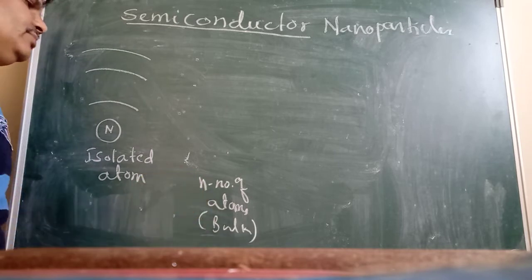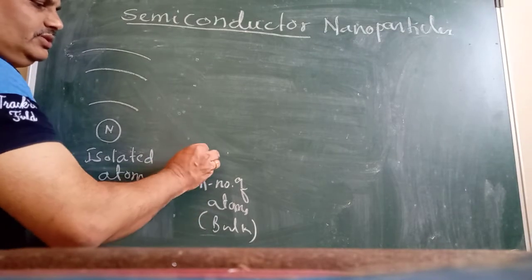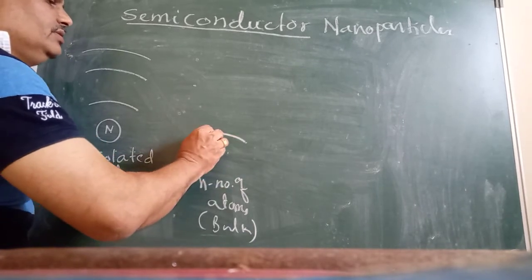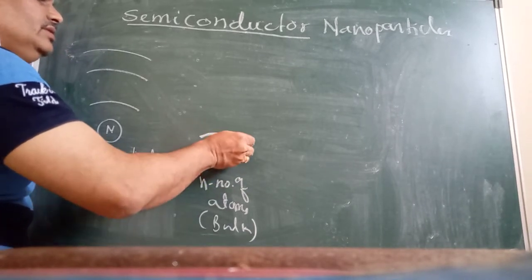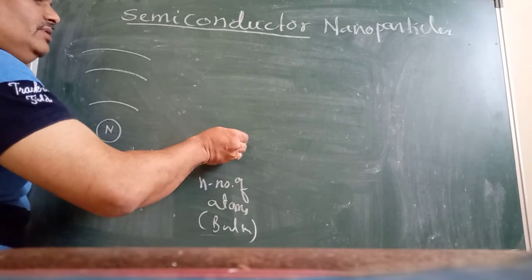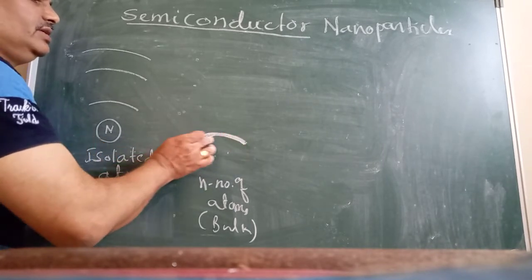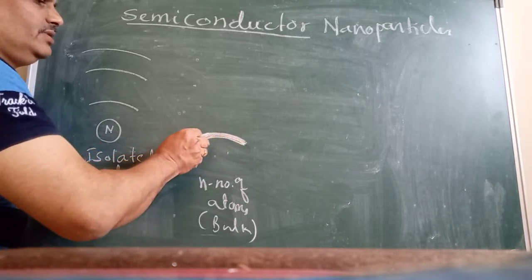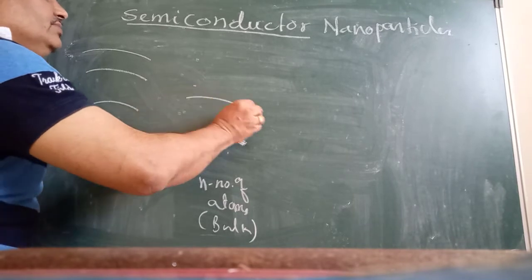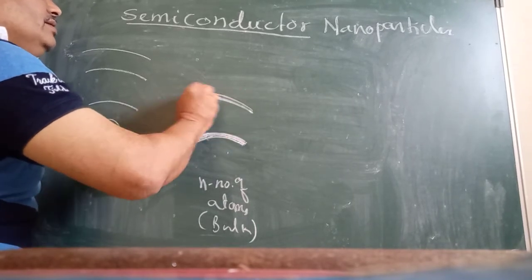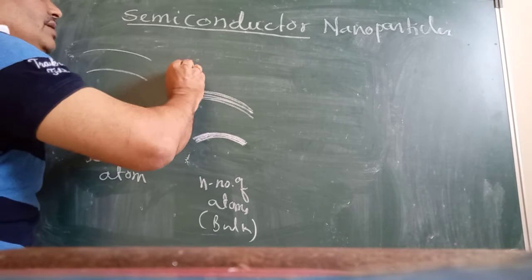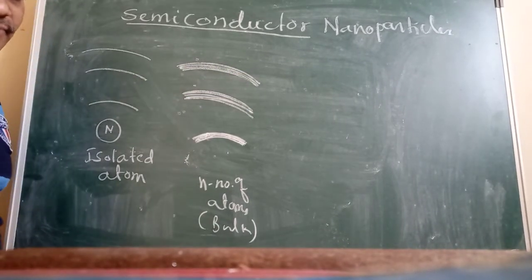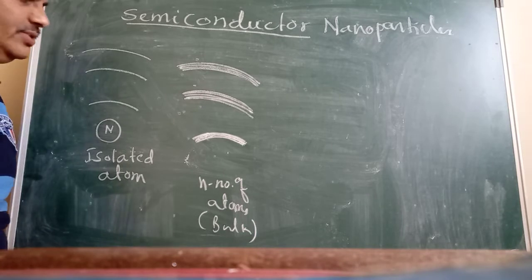Consider here the energy levels: we get not only one energy level, but each energy level splits into n number of energy levels, and similarly the next one is split into n number of energy levels.